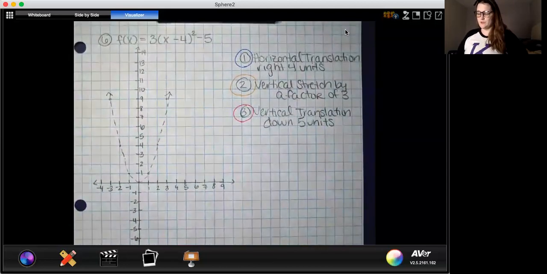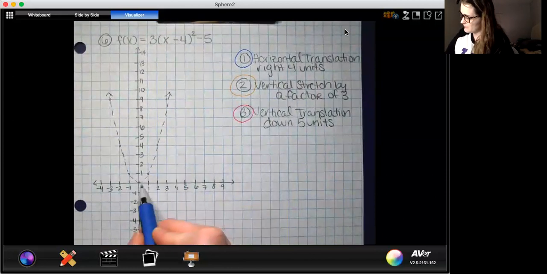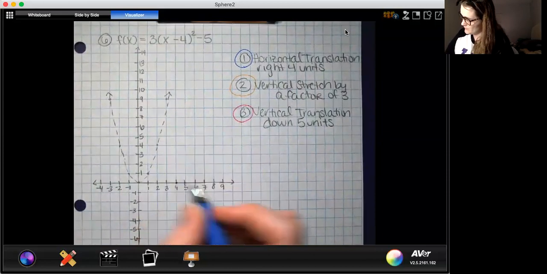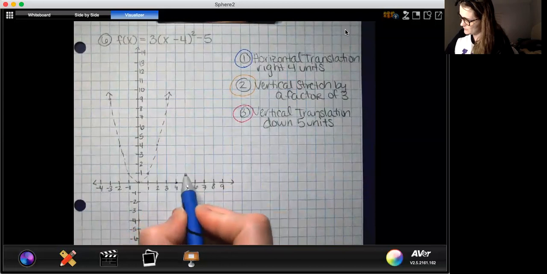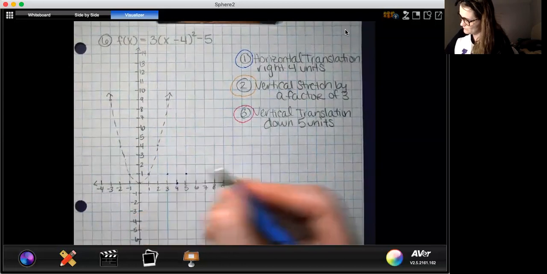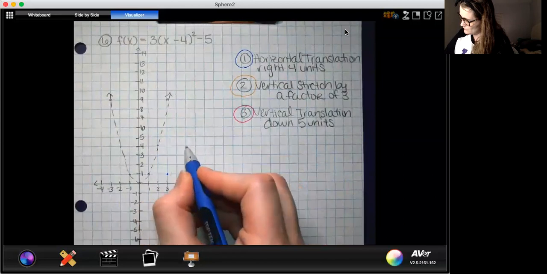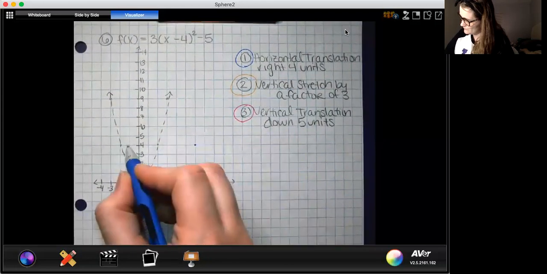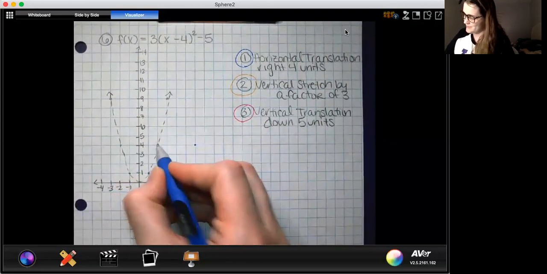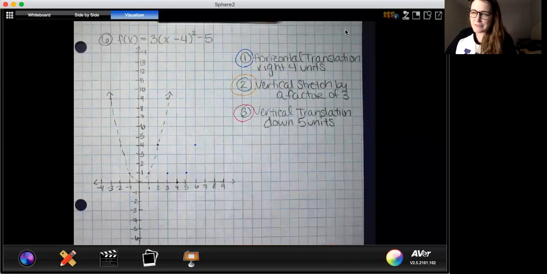Okay, now we're going to do a horizontal translation to the right 4 units. So all my points are going to go to the right 4 units. And yes, you should know the pattern by now, but I always double check, especially when I'm using pen.